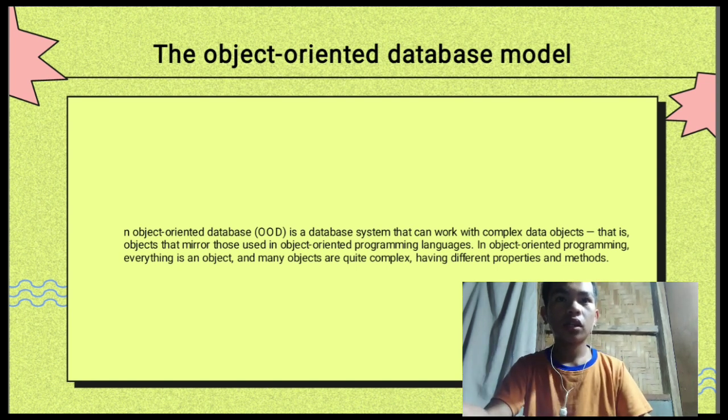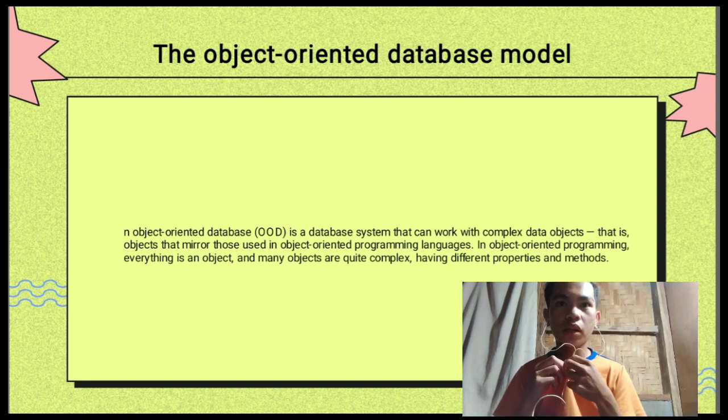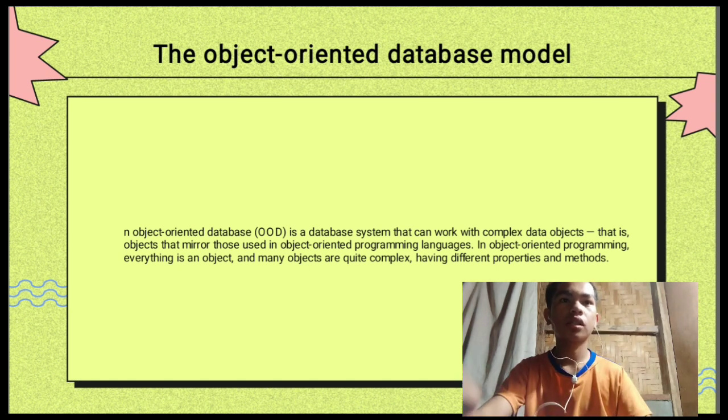The object-oriented database model. What is an object-oriented database model? An object-oriented database model, or OOD, is a database system that can work with complex data objects that mirror those used in object-oriented programming languages. In object-oriented programming, everything is an object, and many objects are quite complex, having different properties and methods.